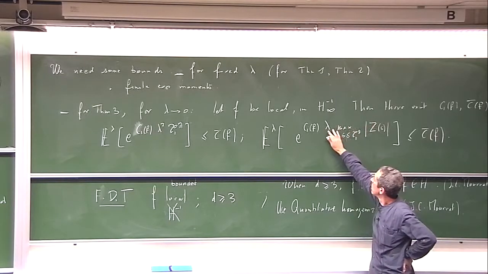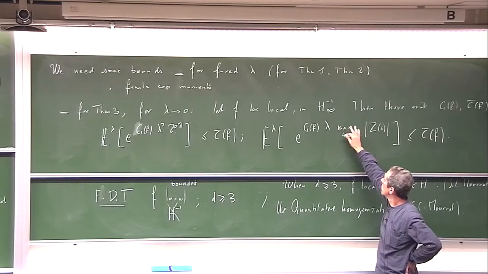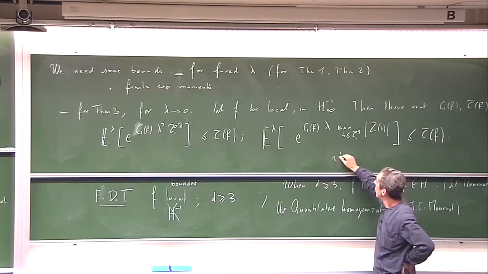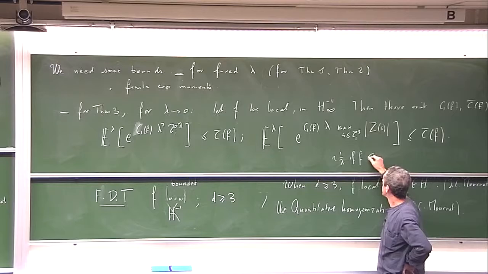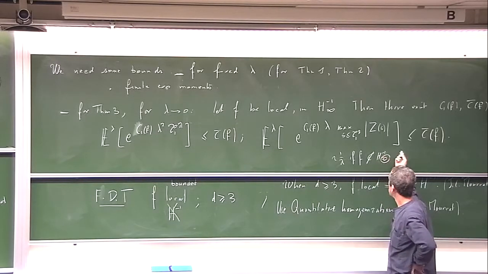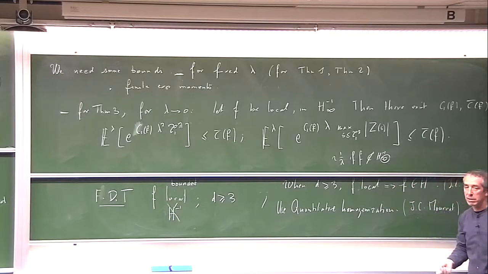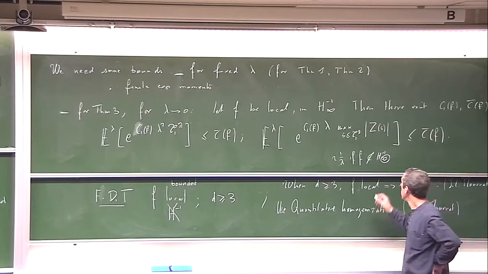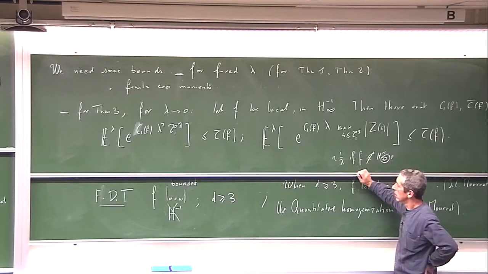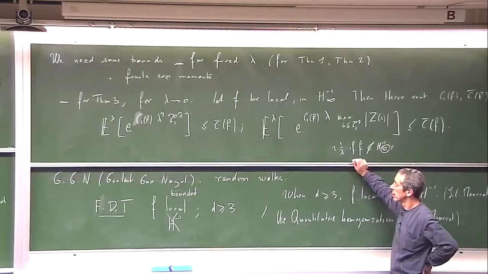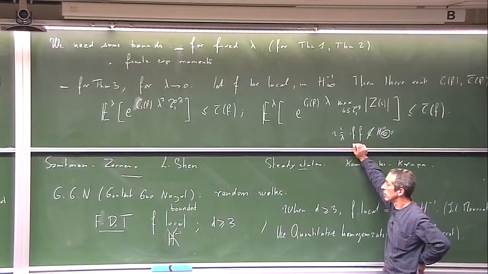So this term, lambda times this max, will be of order 1 over lambda if F is not in H-1. Now, whether we have to put this infinity here or not is not 100% clear.